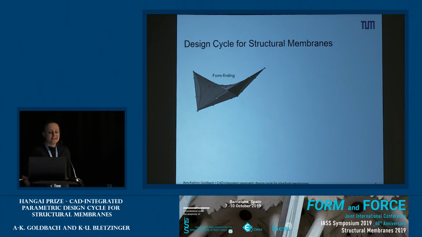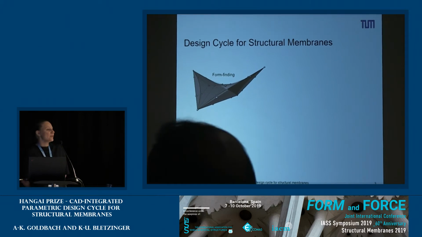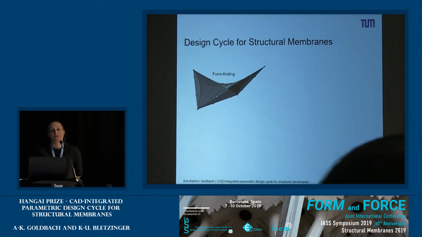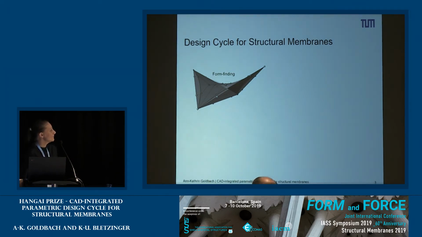So the design cycle, like I said, consists of 3 disciplines. The first one is form finding. When we want to design structural membranes, we can't just draw a geometry and say this will work. We have to consider certain boundary conditions, so support conditions, topology, like where we will have a membrane, where we'll have an edge cable, and boundaries like that.